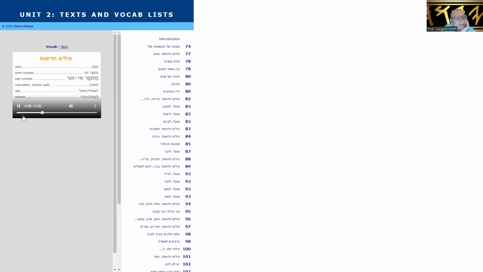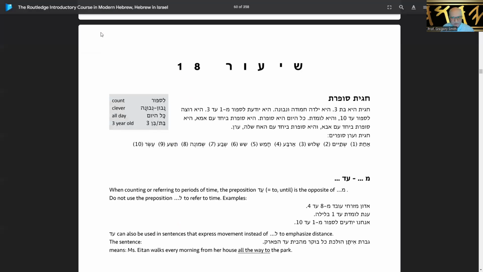Mispar. Okay, so that's looking ahead a little bit. All right, guys, I think I'm going to stop here because it's a good place to stop. Shiur 18. I'm going to try to pick it up another time.